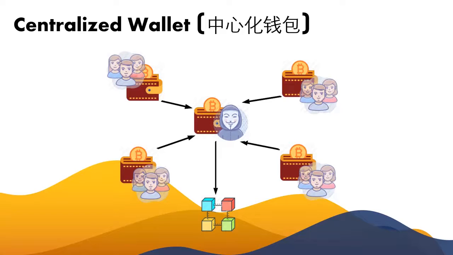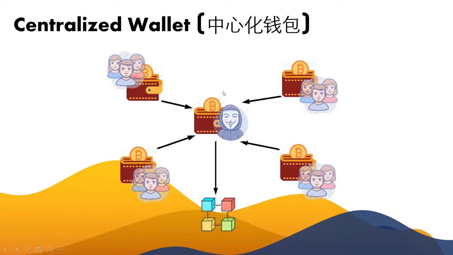You can look at centralized this way: all the wallets are stored in one single centralized server, and this server controls all the assets from the various wallets going into a blockchain. This means the centralized server has to tell each individual wallet how much they have, and that is not from the blockchain but from a database.